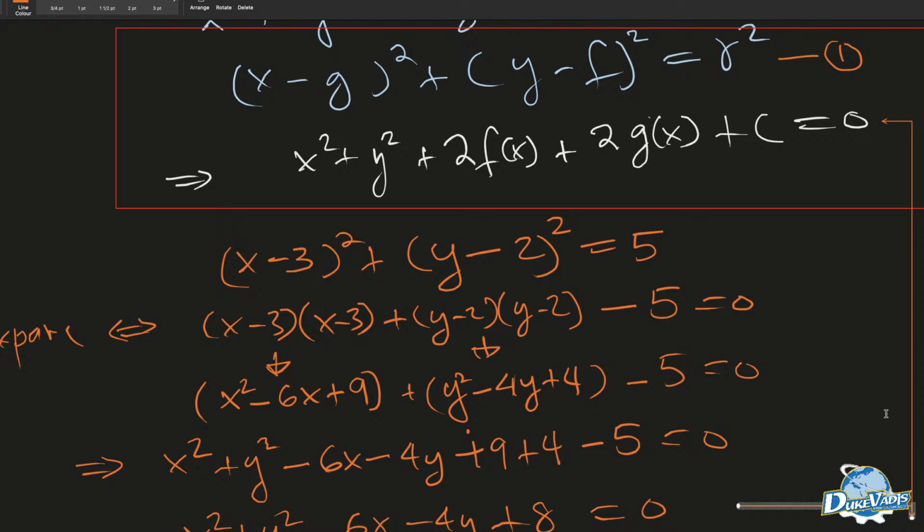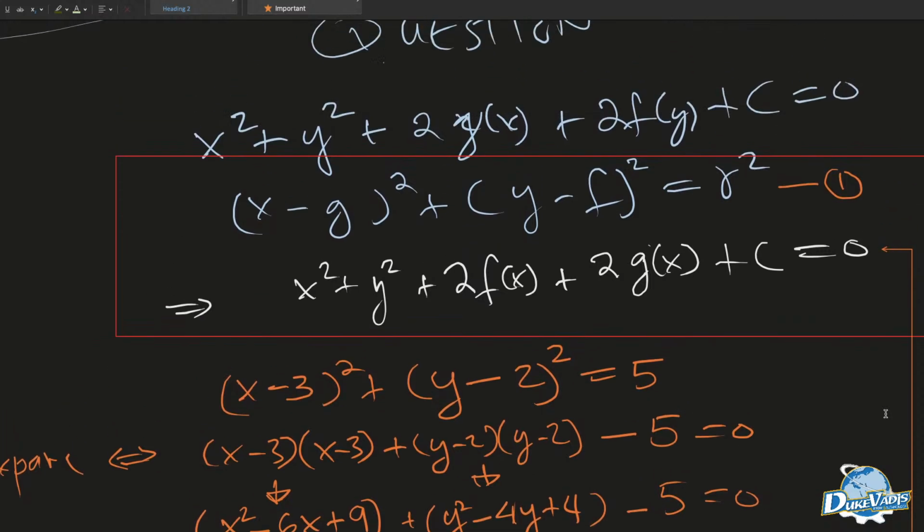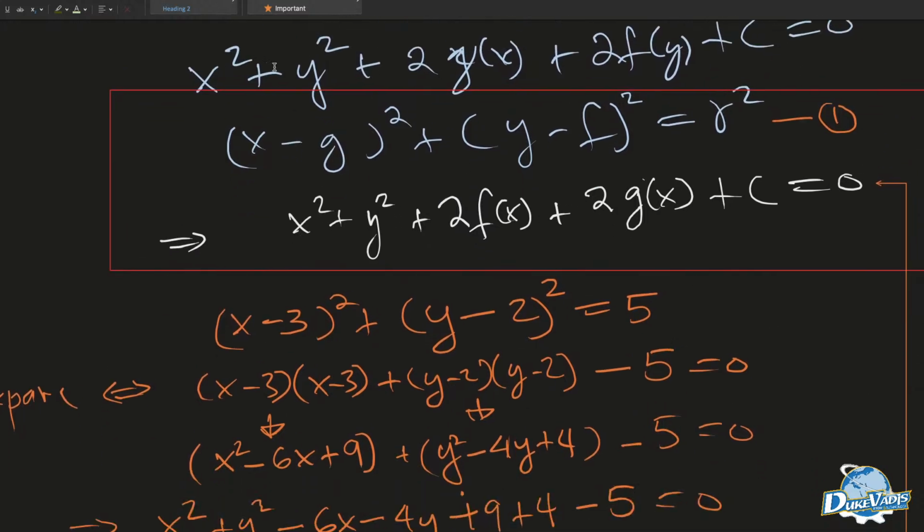Look at those two equations. What difference did they make? They are the same. So you see that it is the expansion of equation number 1 that was done to get equation 2.